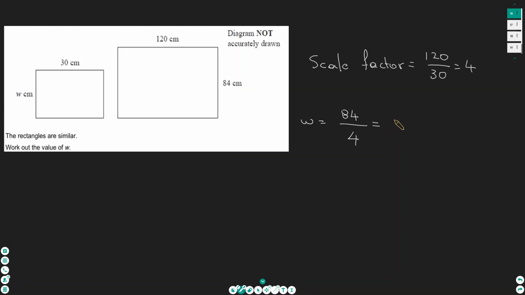And this gives me 21 centimeters. So the width of the smaller rectangle is 21 centimeters. Similar shapes have all corresponding angles equal as well.